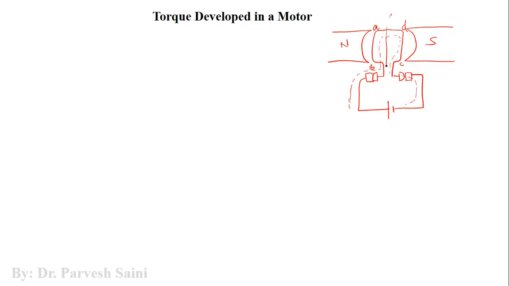Now when it rotates, the direction is this one. The direction of magnetic field is this one.